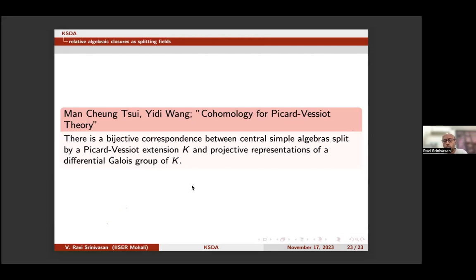So I know only one way. For example, if I have a division algebra, then the theorem that I have shown essentially says there are no right ideals.